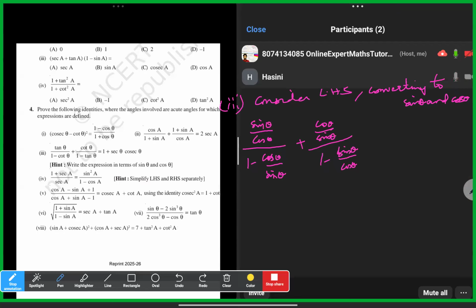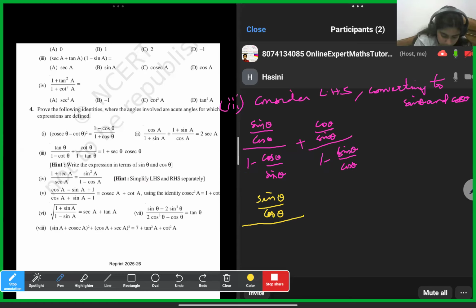So Hasni, now numerator we cannot do anything because already this is single fraction here. Yes. So denominators we can do with some simplification. What simplification Hasni? Applying LCM because this is 1 means 1 by 1. Yes. So now Hasni Yes. can do LCM. So LCM is how much Hasni for this part?